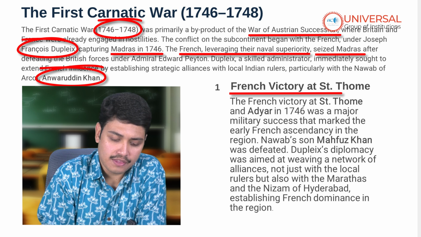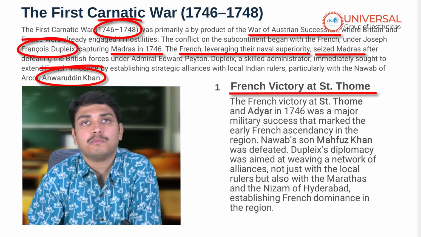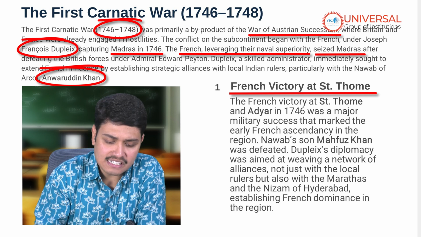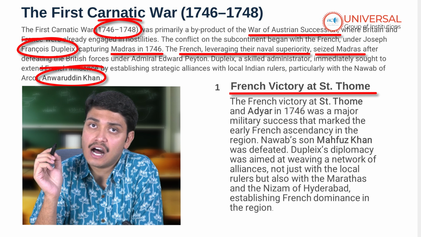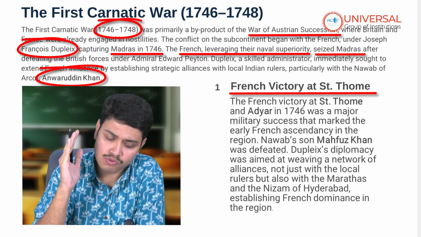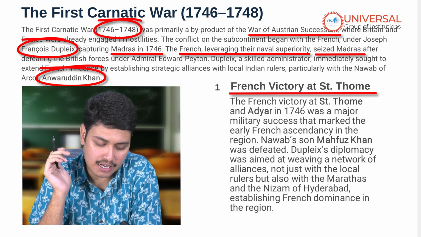The French, under the leadership of François Dupleix, were victorious at the Battle of Thome and Adyar in 1746, and that was a major military success for the French East India Company.